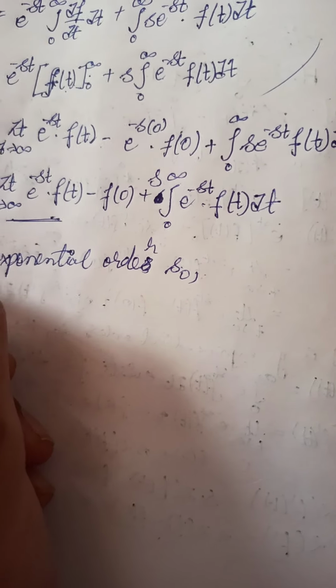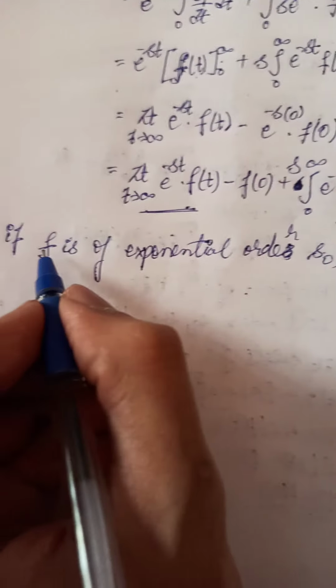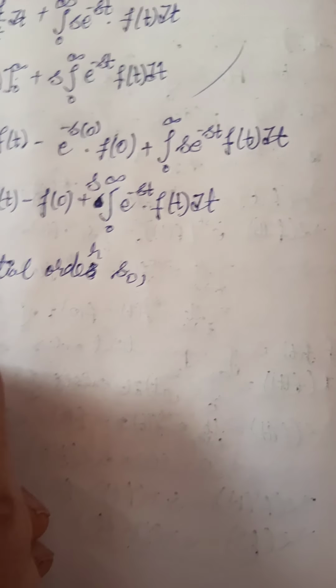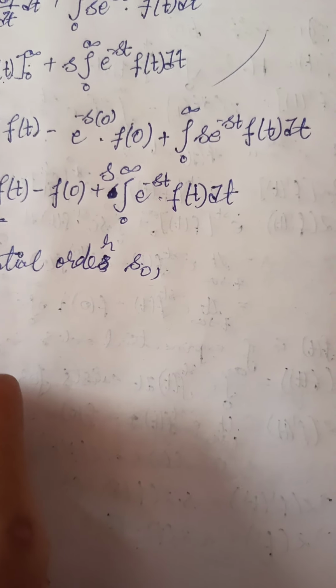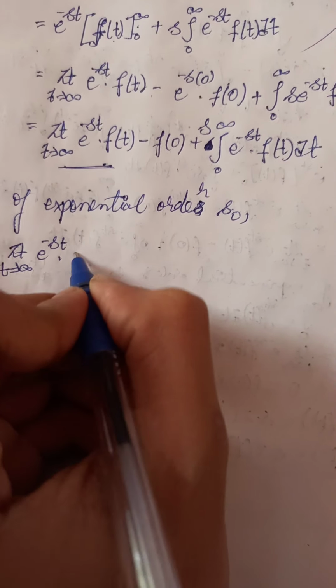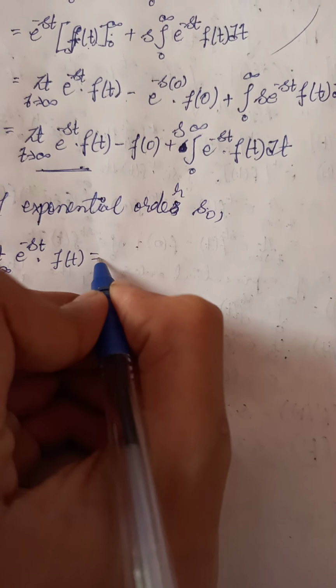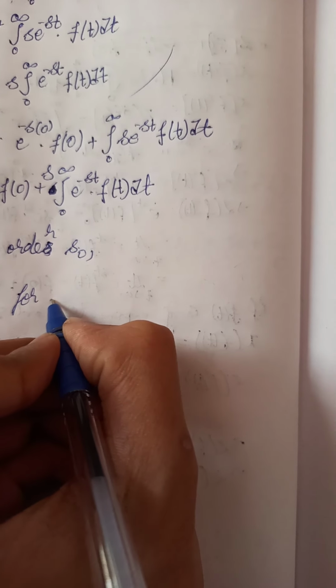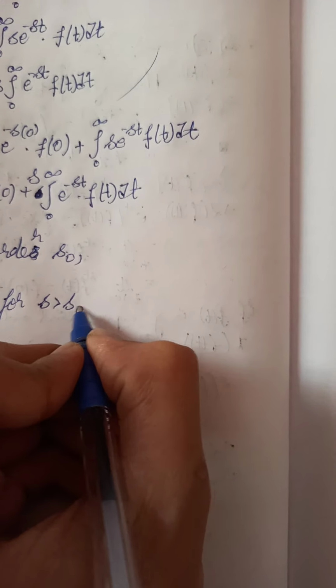So when f is of exponential order s naught, we will have limit t tends to infinity e power minus st f of t equal to 0 for all s greater than s naught.